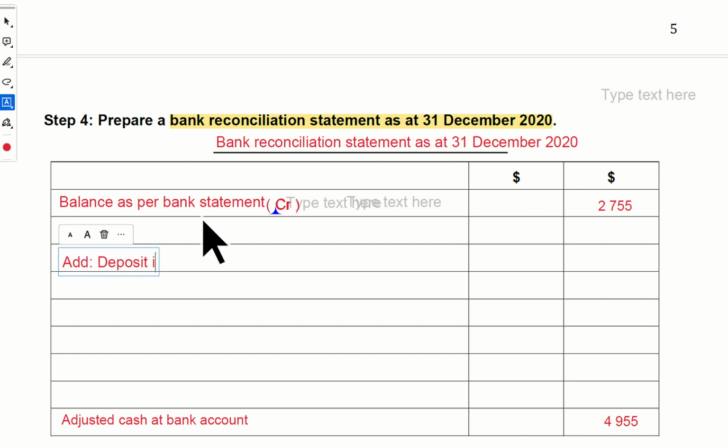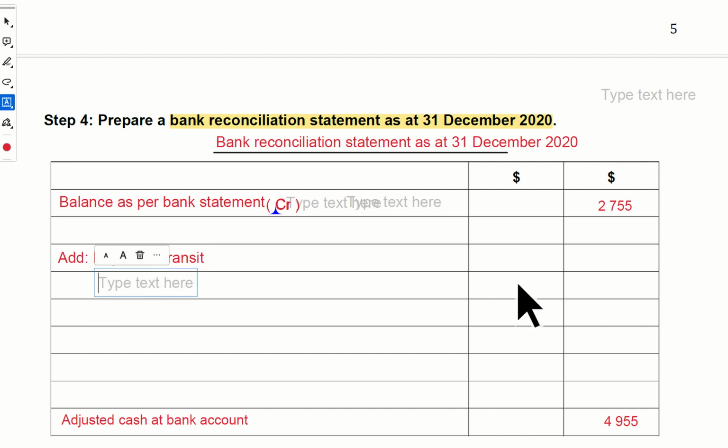Why add deposits in transit? You add deposits in transit because this $4,000 wasn't recorded in the bank statement, but it's recorded in your cash at bank, and the $4,000 is causing the difference between the cash at bank account and the bank statement. So you add deposit in transit.